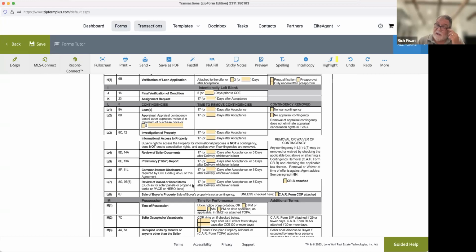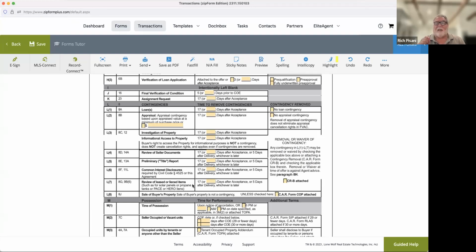Time of possession. It's now defaulting to upon notice of recordation. It used to be 6 o'clock on date of recording, but now when it records, they have possession. If the seller wants to stay in possession, you would check one of these boxes. The first is if it's 29 days or less.